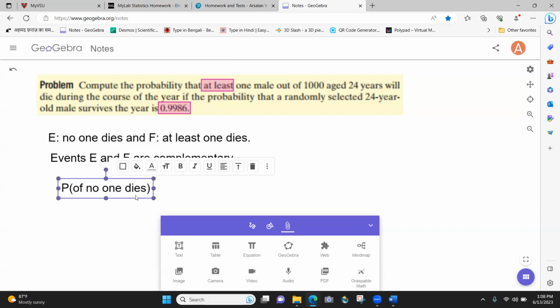So what's the probability that no one dies? Well, are you going to multiply 0.9986 a thousand times? 0.9986 times 0.9986 times 0.9986. It'll take you forever, right? But you can do this.